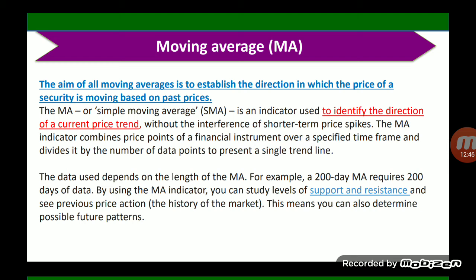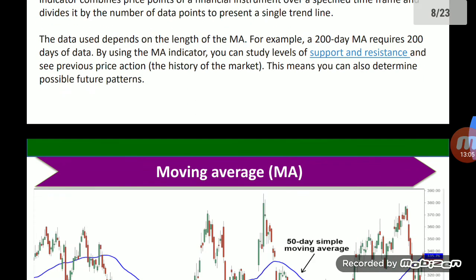If you check the data, then you will find many times State Bank of India's share has taken the support at 150 rupees. So like that you can identify the support level and resistance levels on the basis of moving averages.